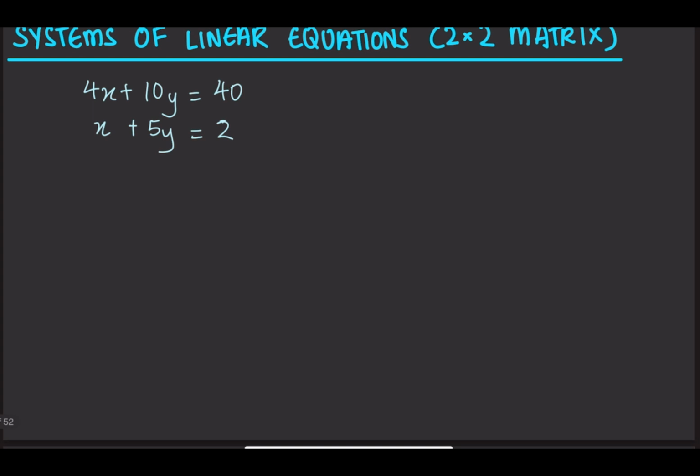Okay, so in this case, how do we use matrices to solve equations like this? Pretty simple actually. For this equation, first, we take the coefficients of x, which are 4 and 1.